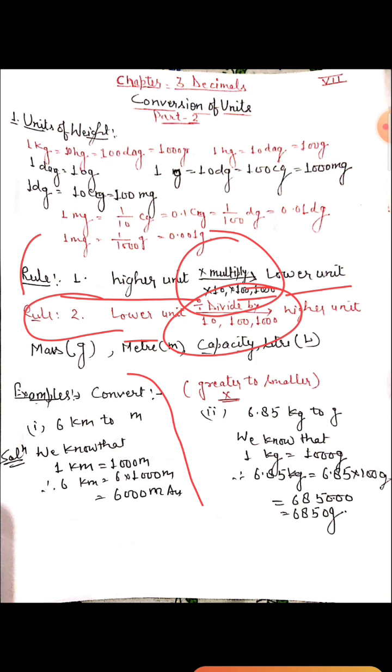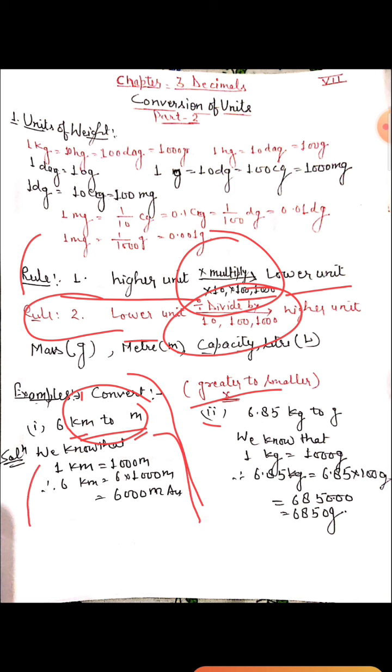Convert 6 kilometer to meter. Firstly we match both units, this is kilometer and this is meter, and you know very well kilometer is greater. Here, greater to smaller, we find the answer by multiplication with 10, 100 and 1000.